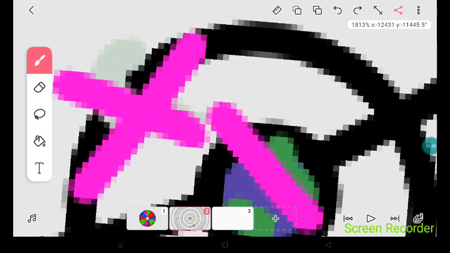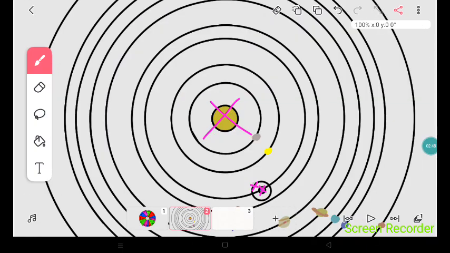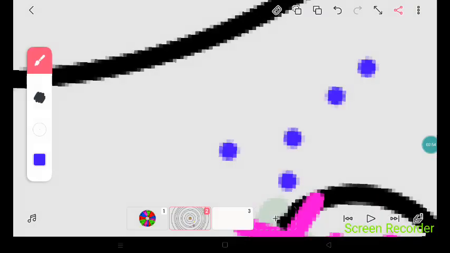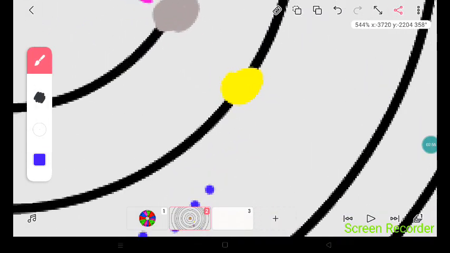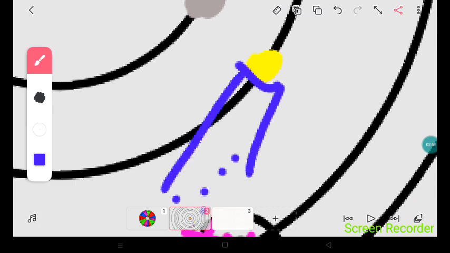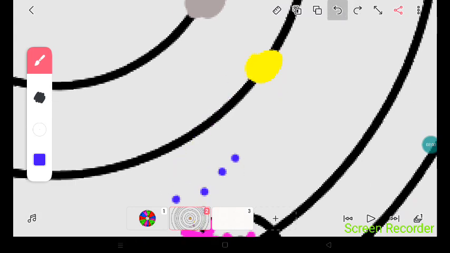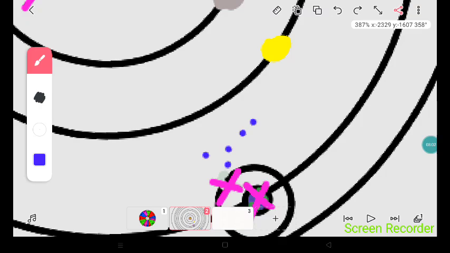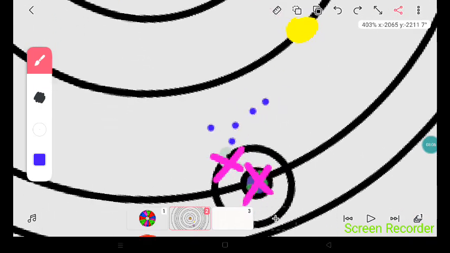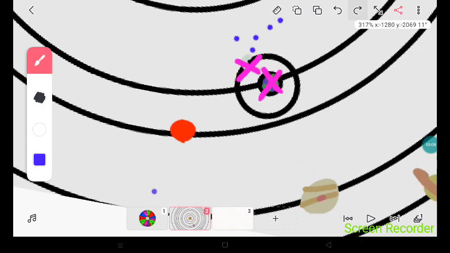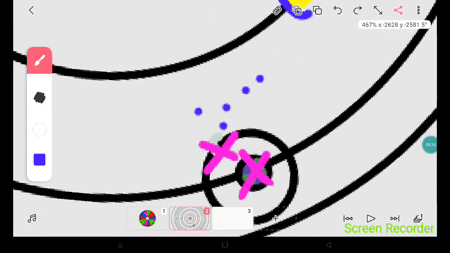Every planet except the Sun, Moon, and Earth can be in retrograde. But let me just draw a constellation. Certain planets can face certain constellations too. For example, if Venus is in retrograde and Venus is facing Cancer, then Cancer zodiac will have a bad time at that time period. And by Cancer, I mean the Cancer constellation.